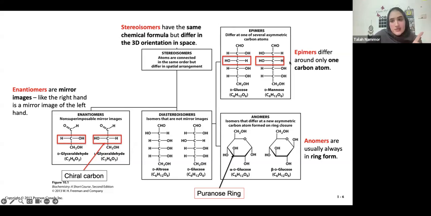With epimers, the difference is on one carbon atom, but we can't fold it upon itself; if I fold it, it's not going to be one perfect image. And if you see a ring structure and they say these are isomers, just know it's an anomer. Let's move on.